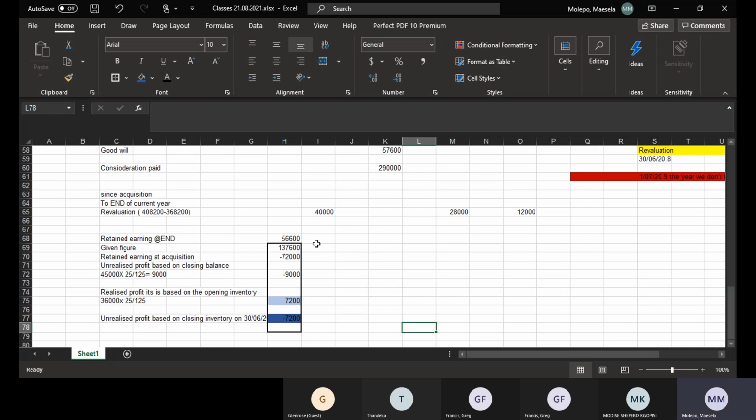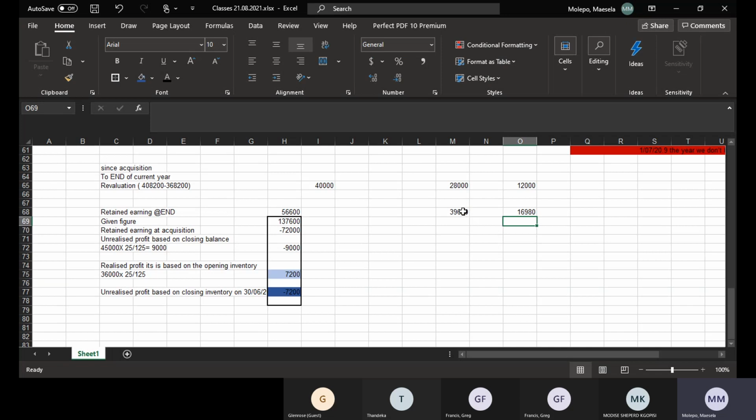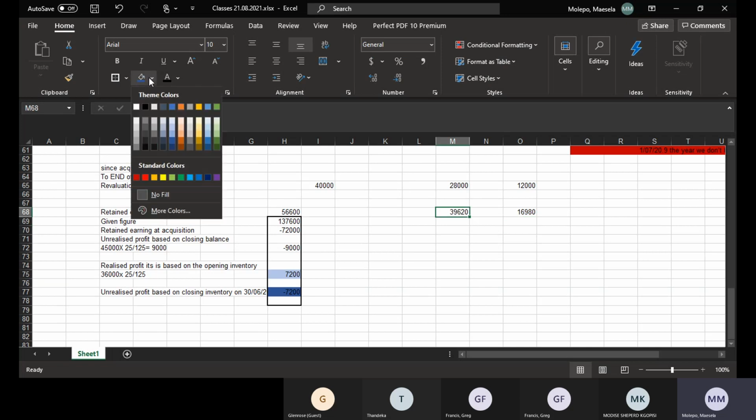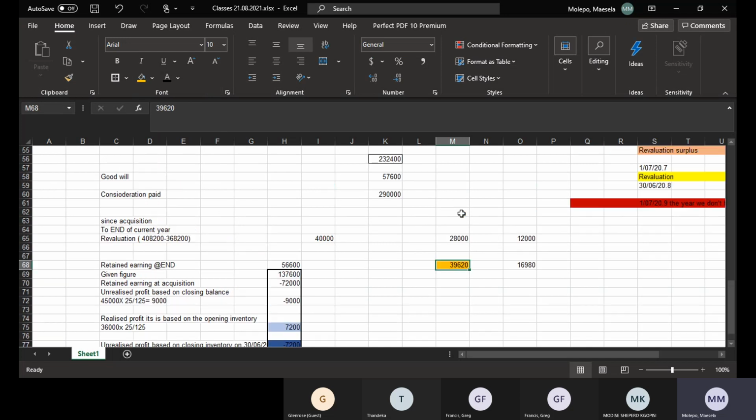It gives us 39,620. Then the difference will be 16,980. Then this is done. This is going to affect our retained earnings on our statement of changes in equity. This will be our RE.